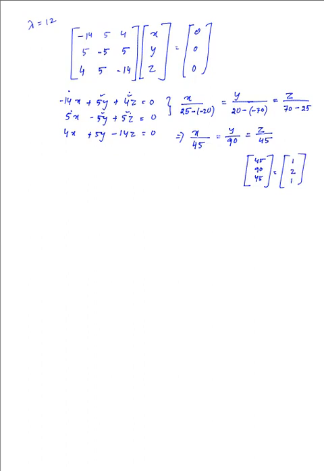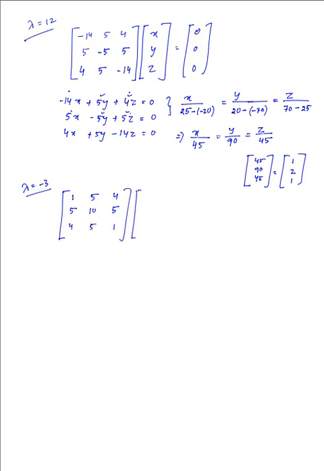Now this is for lambda equal to 12. Now for lambda equal to minus 3, the other value that we obtained, we again put it in. Minus 2 minus of minus 3 is plus 1, 5, 4, and you can use those values over there, 5, 10 and 5, and finally 4, 5 and 1.